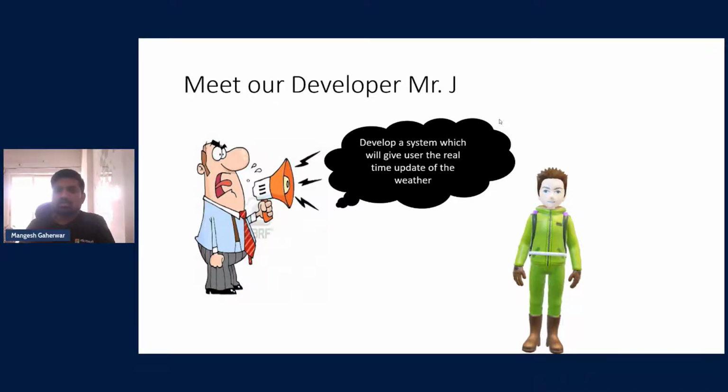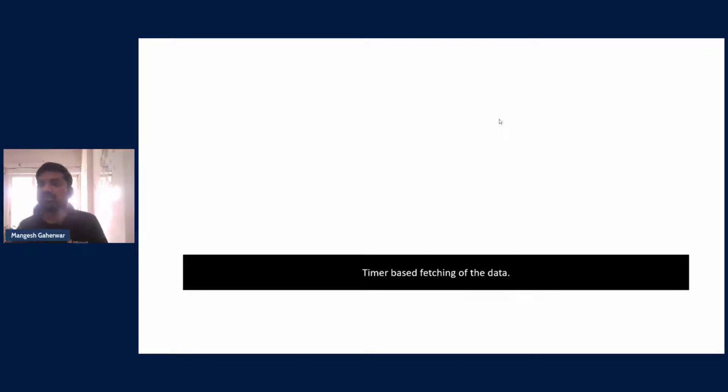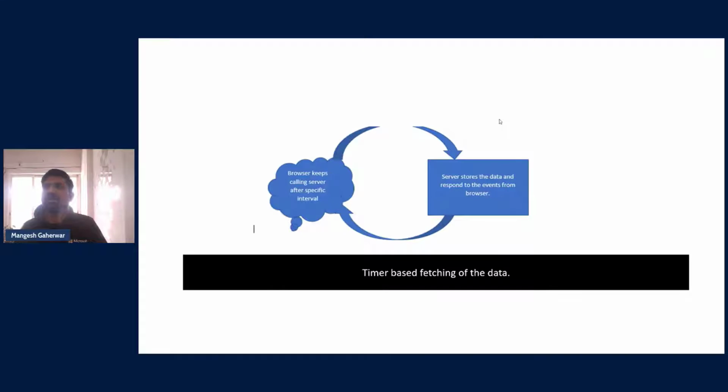So the developer goes and starts exploring. He comes up with an idea of what he will develop. He starts with polling based fetching of the data, with an architecture something like this. So here it is.